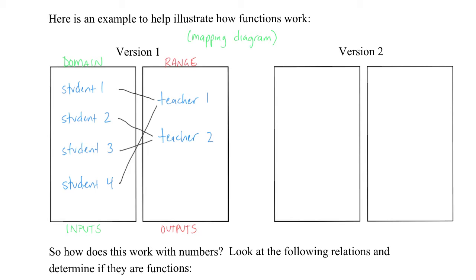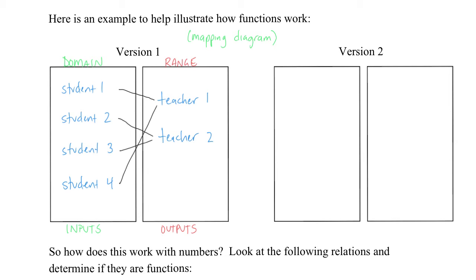So this would be a mapping diagram. Now what I want you to notice is that every single one of these students is only assigned one teacher. You don't get one student assigned to multiple math teachers. So this would be a function.